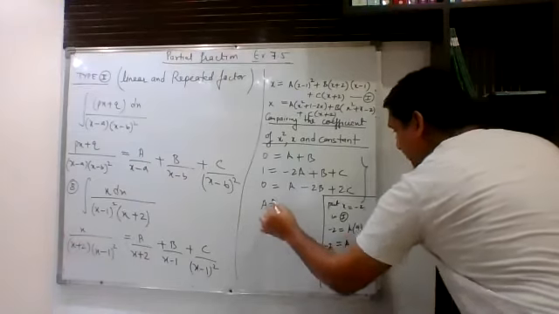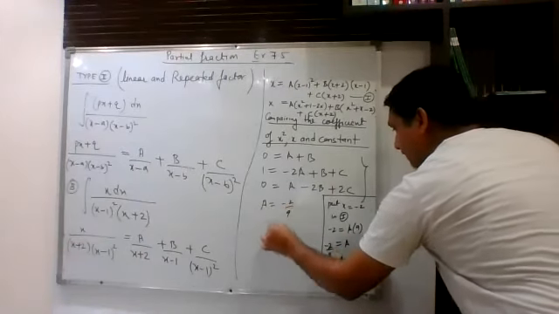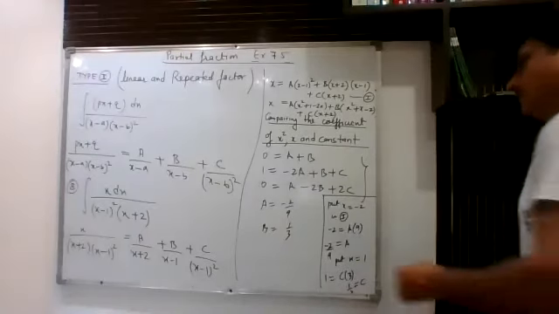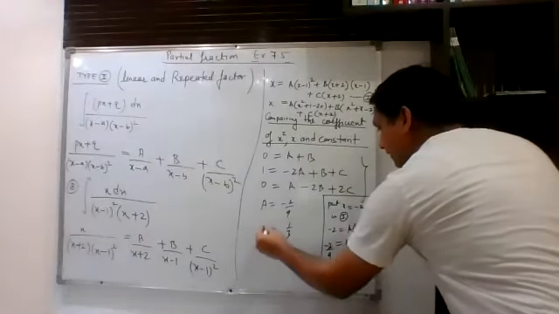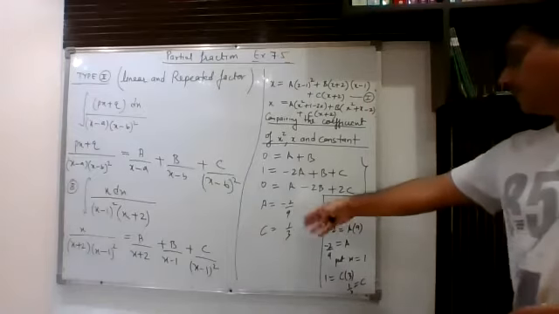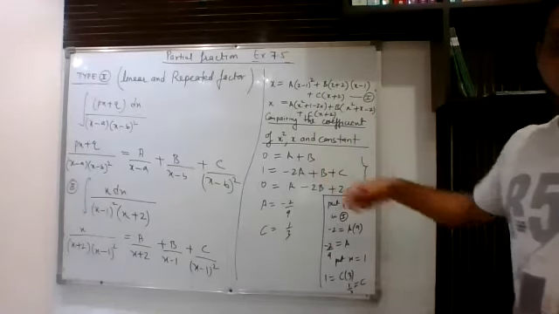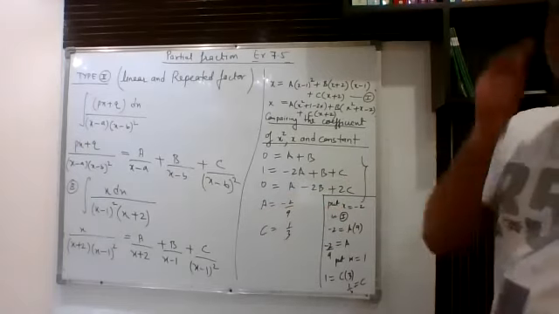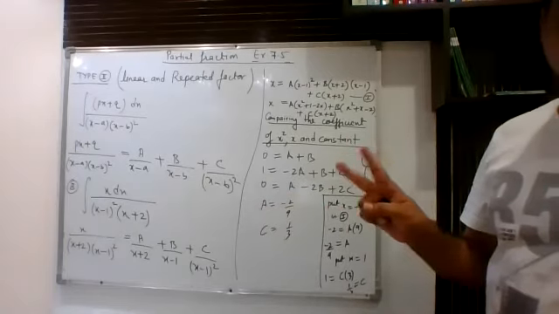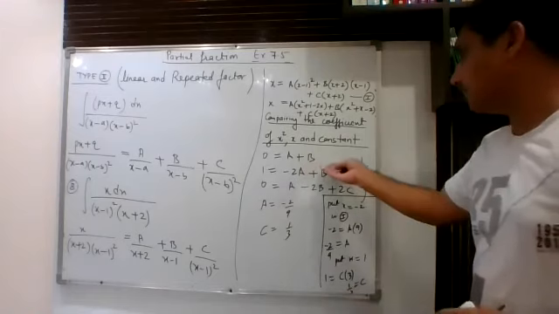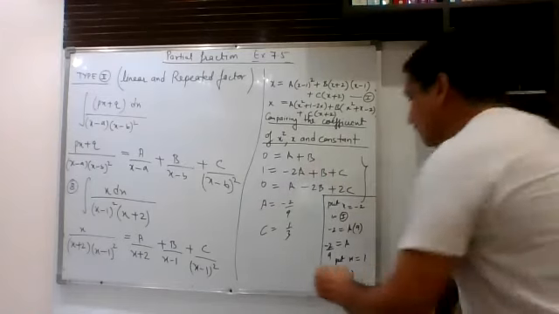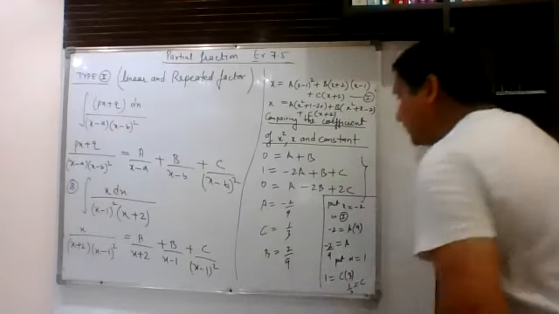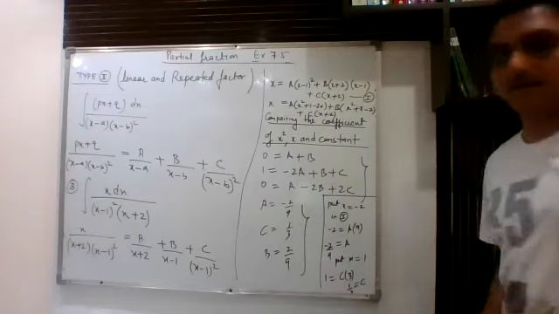So your a is coming out to be minus 2 by 9, c is 1 by 3, and the remaining constant will come from here, because we can use the equations also. Obviously we have a repeated factor, so the shortcut method will only give two values. To find the third value, we can use the equations. So if I use this equation, then I can write b is equal to 2 upon 9. So these are the values of a, b, c.